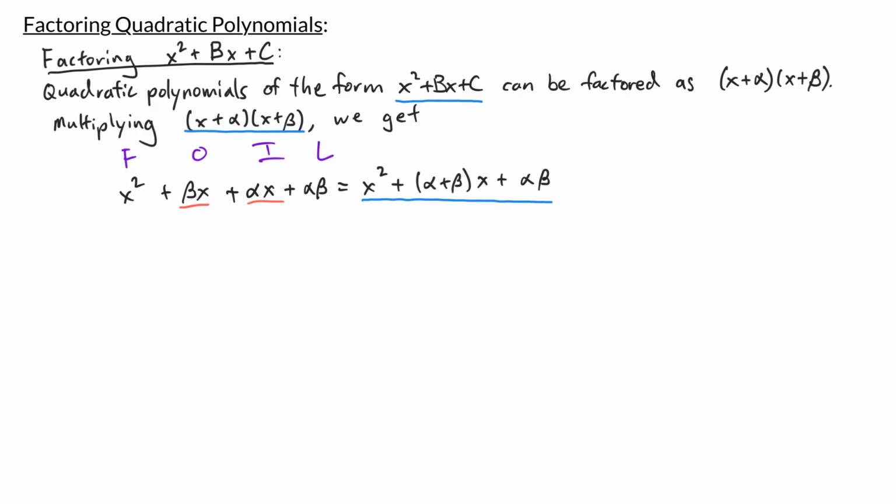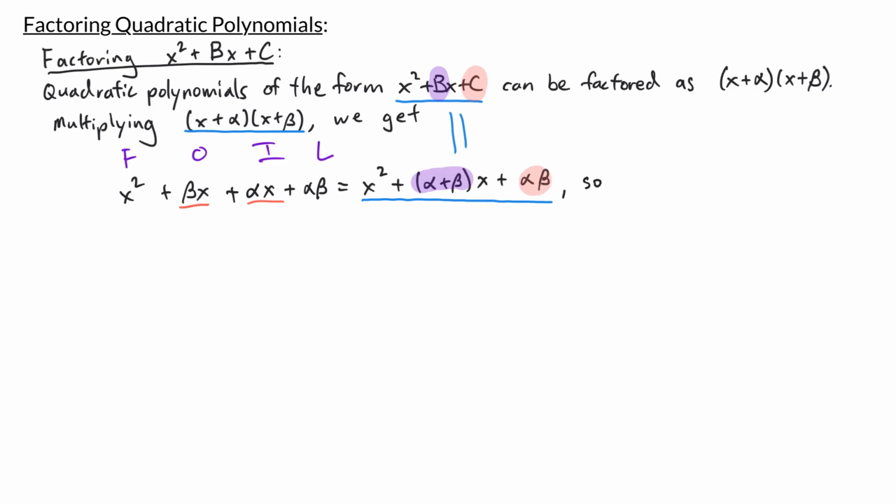Now this quadratic should equal x squared plus bx plus c, which means their coefficients should match, meaning the coefficient in front of the x, the b here, should be the same as alpha plus beta. Also, the number at the end, c here, should be the same as alpha times beta.